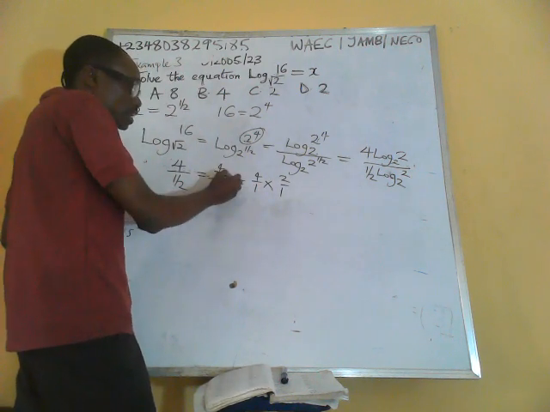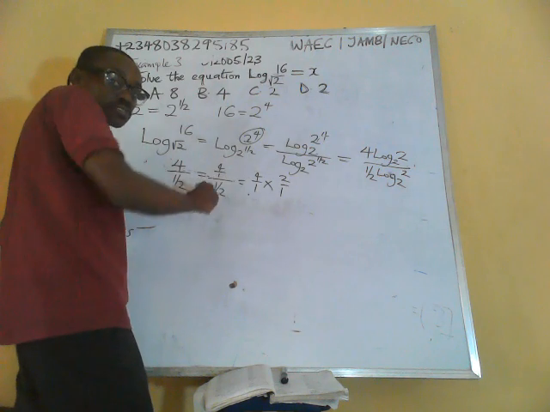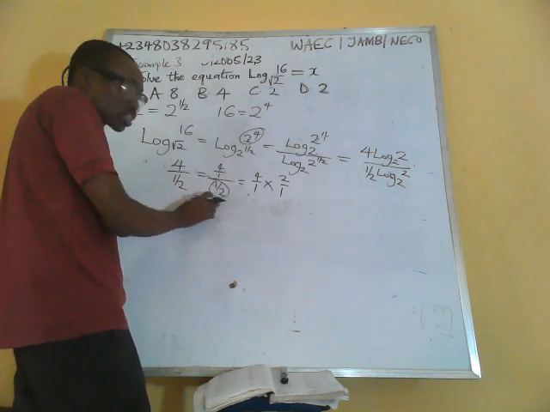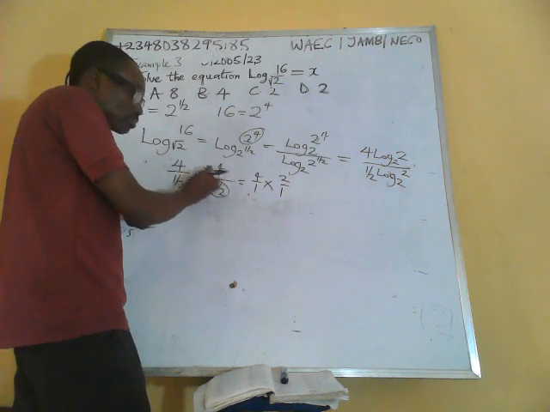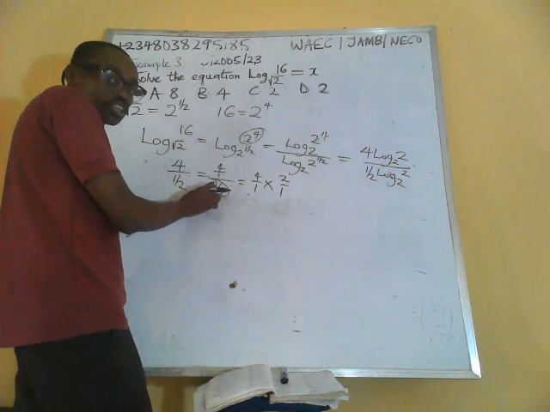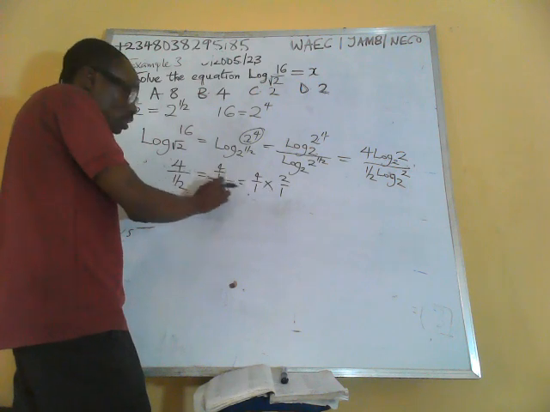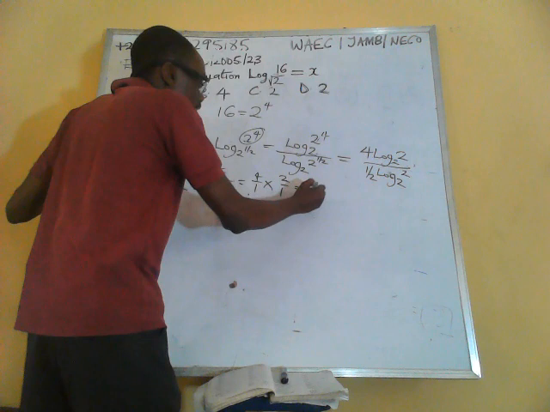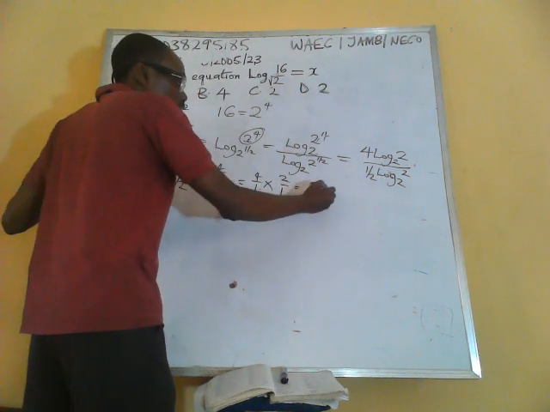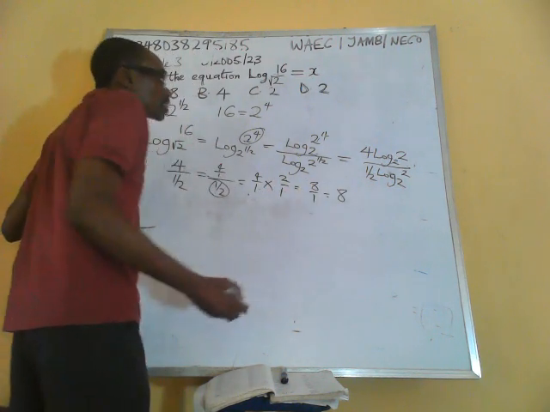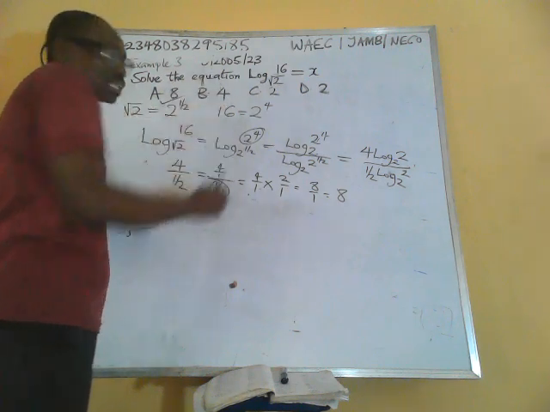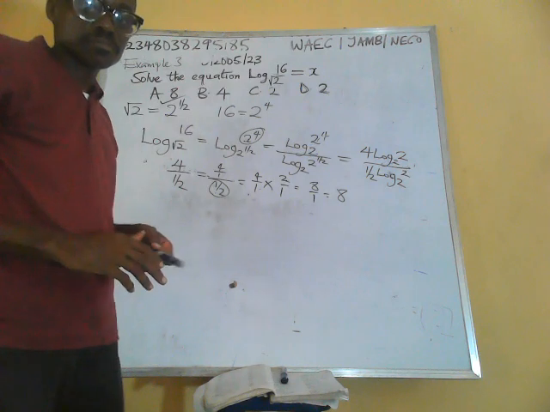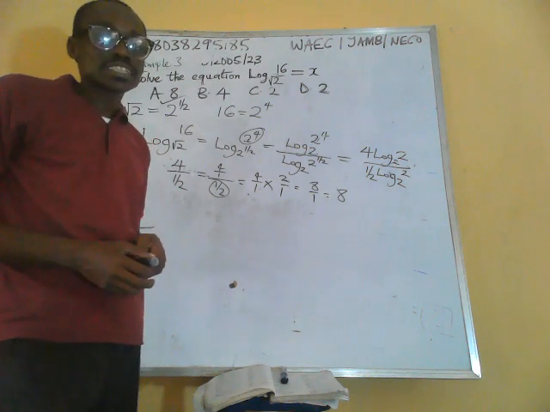When you're dividing, it's going to be the reverse of whatever is in the denominator. We have half in the denominator. 4 over 1 being divided by half; when you're multiplying now, the half will change to 2 over 1. 4 times 2 is what? 8. 1 times 1 is 1. So the final answer at the end of the day is 8. The answer there is 8.